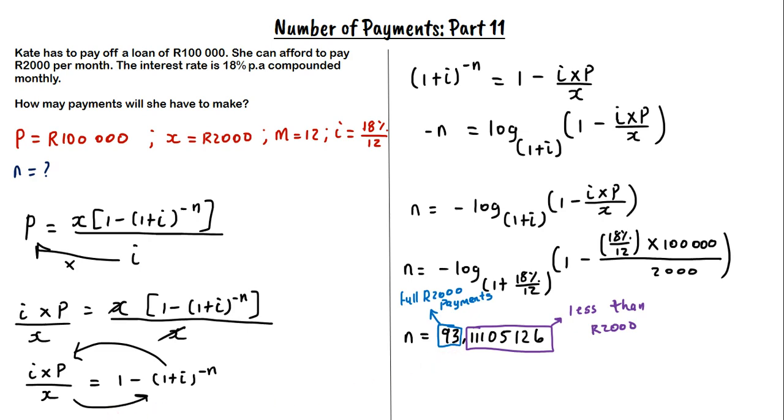So in total, these were 94 payments, and therefore the answer is 94 payments. Again, the question was, how do we calculate that actual value that is less than 2,000? We're going to discuss that in a future part of the series. I'll see you in the next videos. Cheers.